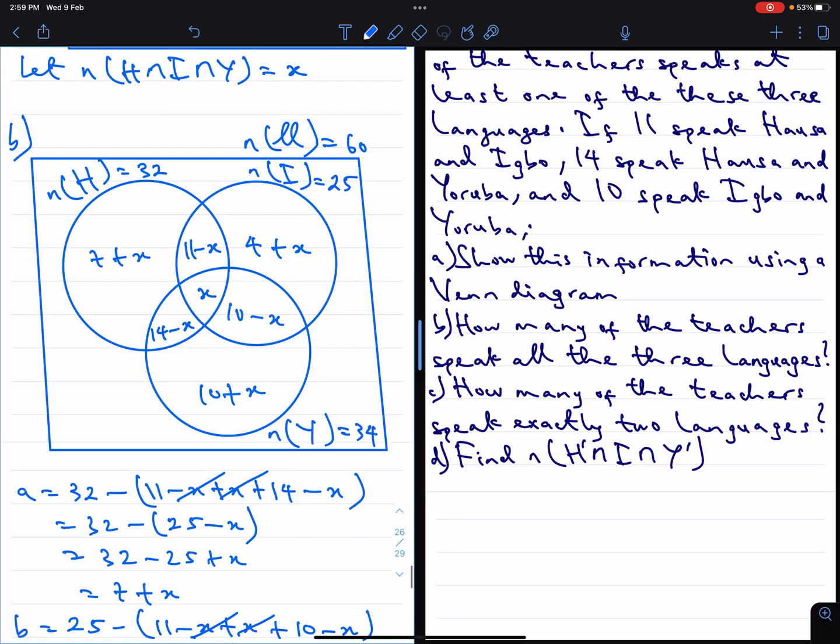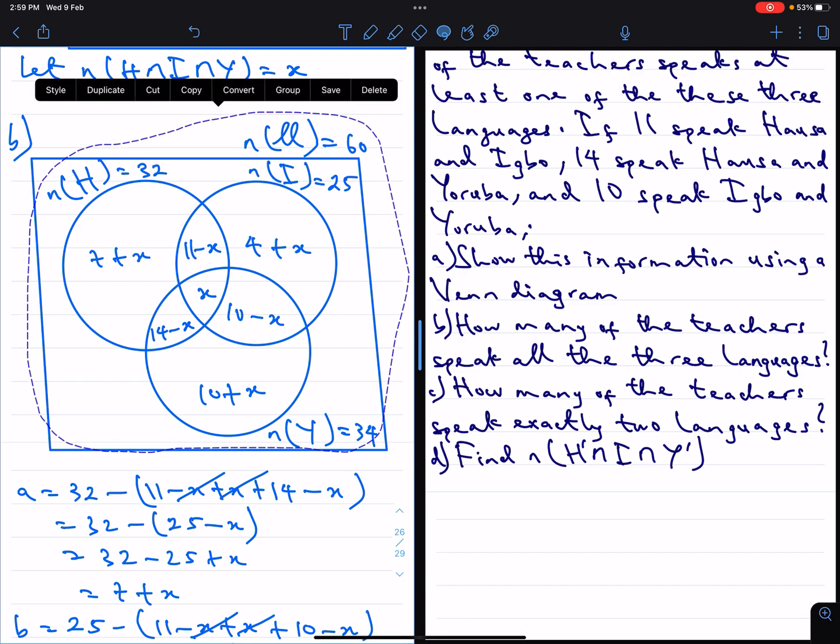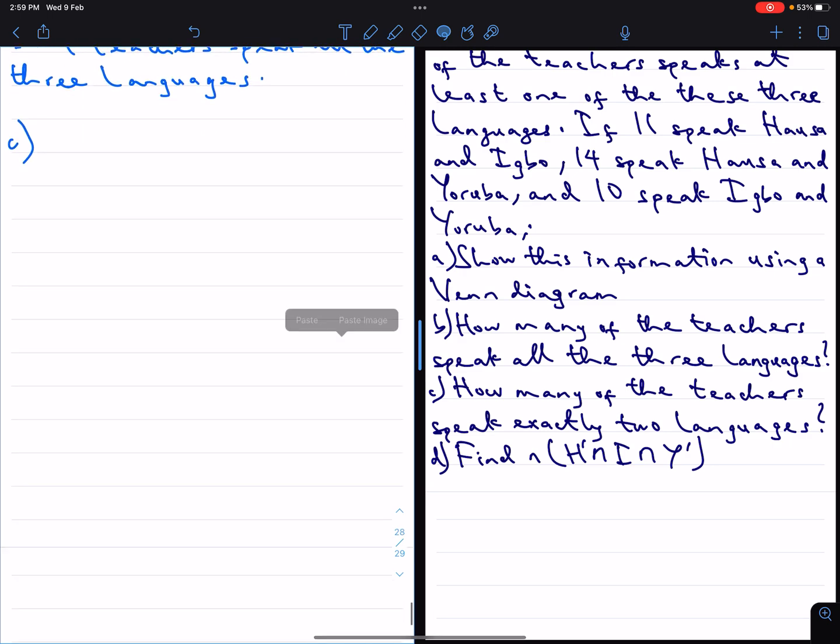So that's simply, maybe I need to copy the diagram so I can see what I want to write. Copy. Let me paste that here and paste a tiny image.